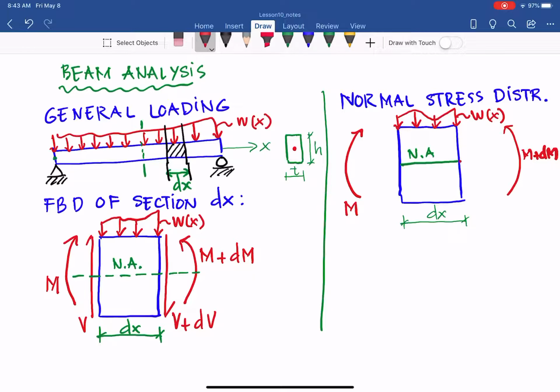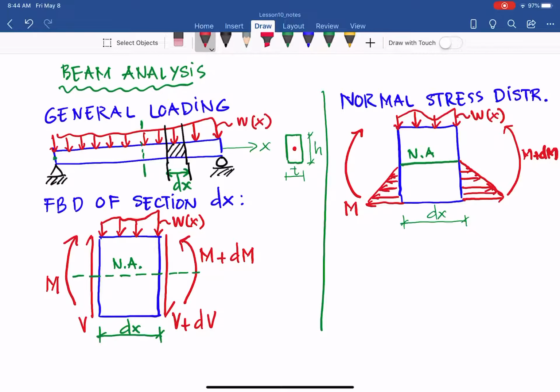It's 0 at the neutral axis, and with that positive moment, it will create tension at the bottom, and that is the distribution of the moment at the bottom. And then similarly on the other side we also have the same, in tension, and 0 at the neutral axis.